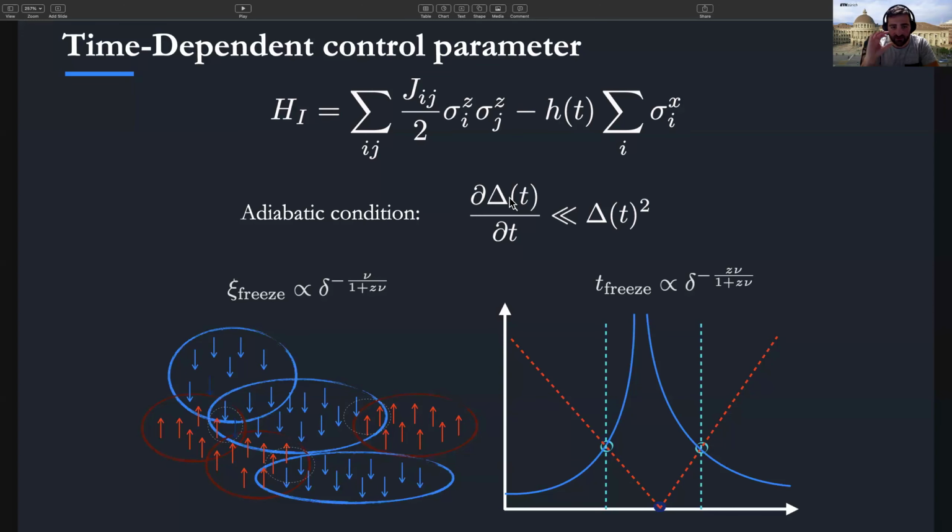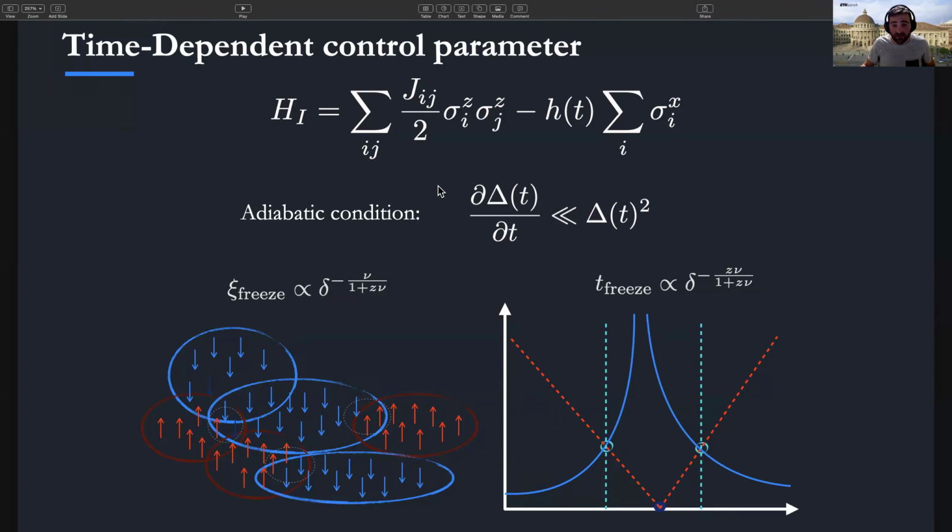So this adiabatic condition only involves equilibrium quantities, which are only time dependent due to the fact that the Hamiltonian is changing in time. But you are not really solving the time dependent Schrödinger equation. You're just solving each instantaneous Hamiltonian at equilibrium, and you have a curve which gives you the equilibrium gap, the instantaneous gap, as a function of time.